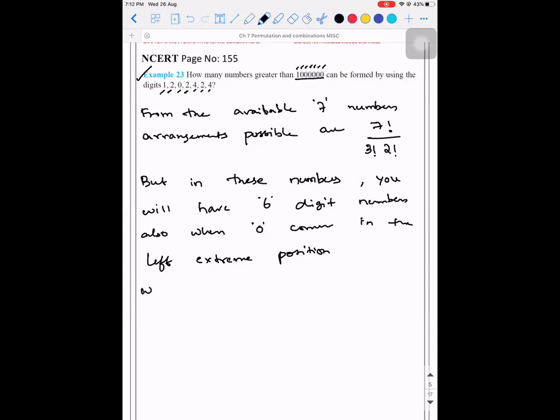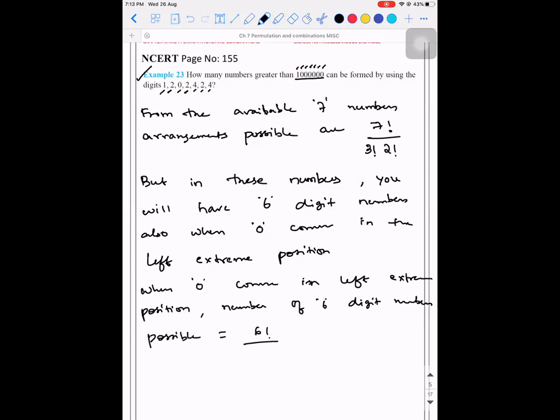So when 0 comes in the left extreme position, the number of 6-digit numbers possible are how many?